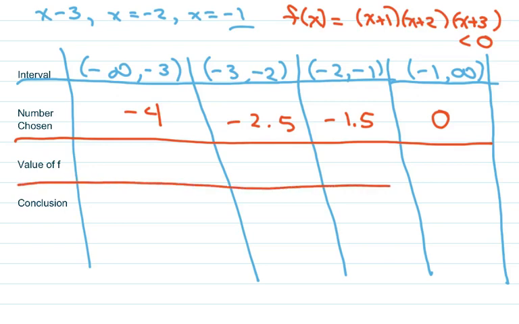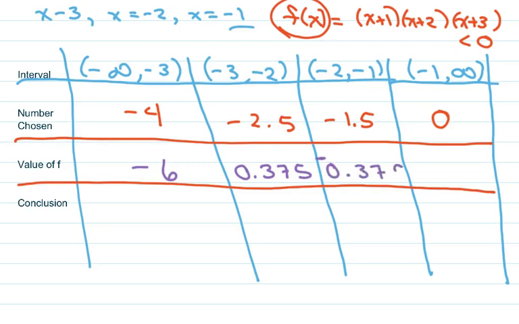And when you plug it into your f here, you're going to get negative 6, 0.375, negative 0.375, and 6. So the only two negatives we have are here, and this one. So those are the intervals we're going to choose. These both are positive numbers.